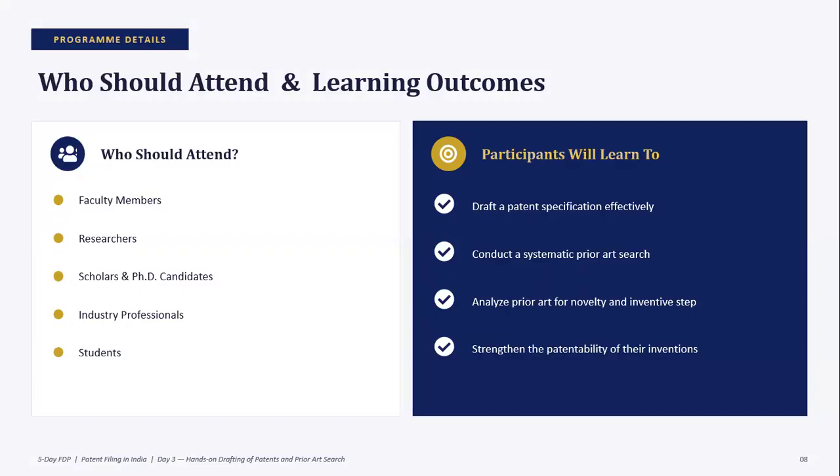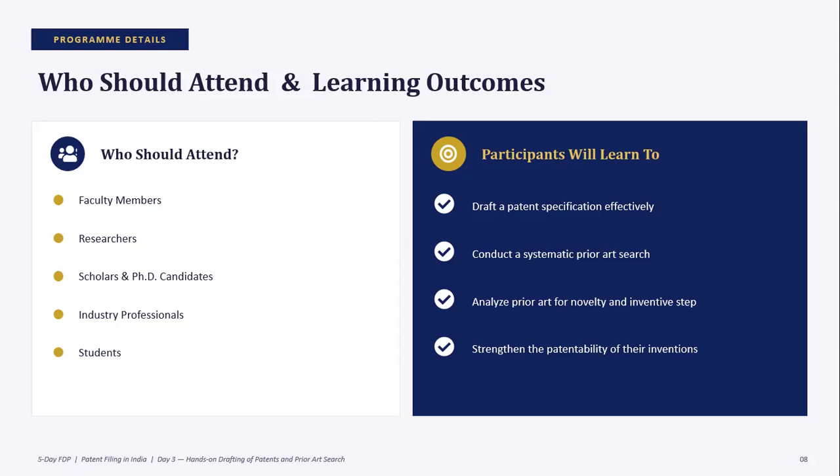By the end of today's session, the participants are expected to develop four important practical capabilities. First, the participant should be able to draft a patent specification effectively. Second, they should be able to conduct a systematic prior art search. Third, they should be able to analyze the prior art for novelty and inventive step.